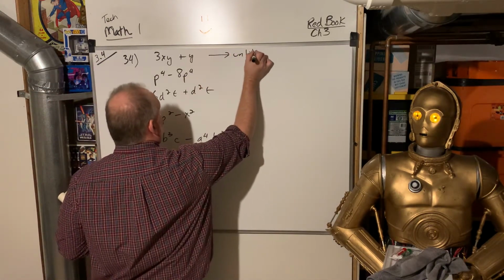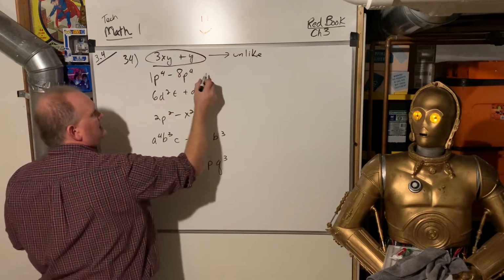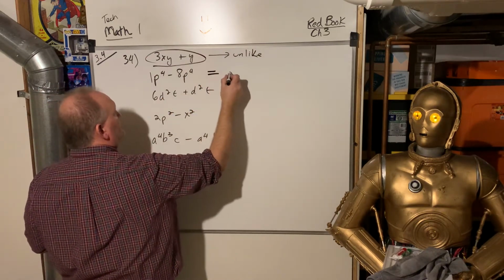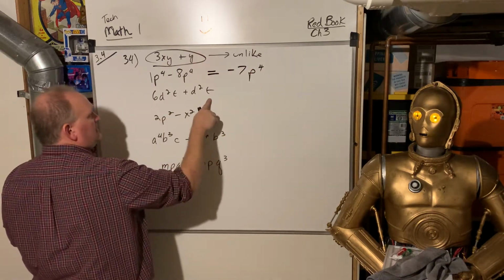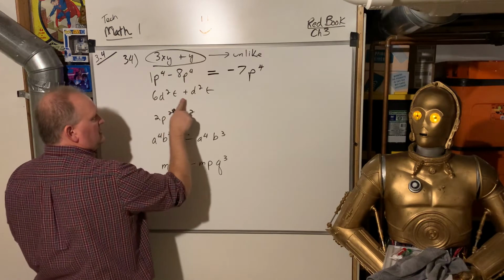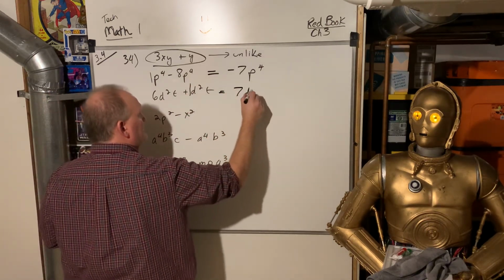So you can't combine them. That's as good as it gets right there. 1p to the 4 minus 8p to the 4, those are like terms, so that's negative 7p to the 4th. d squared t, 6d squared t plus 1d squared t is 7d squared t.